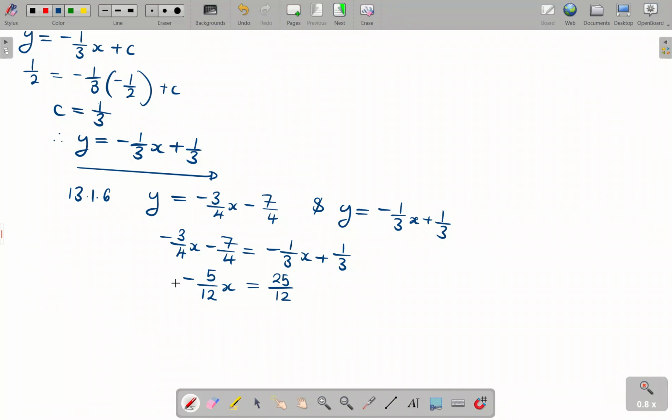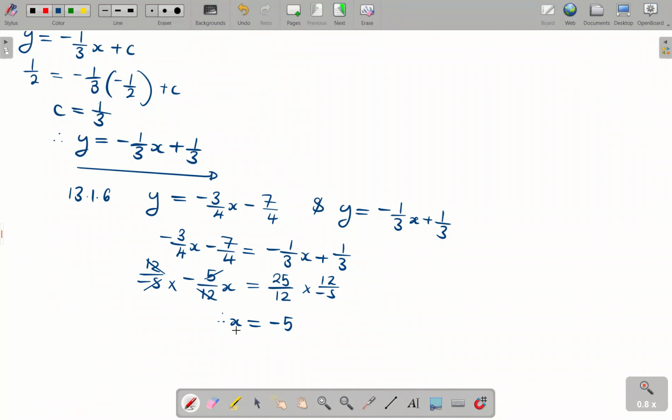Then you simply multiply by the reciprocal, which is 12 over negative 5. The 12s and the 5s cancel. So x is 25 over 12 multiplied by 12 over negative 5. So x is simply negative 5.